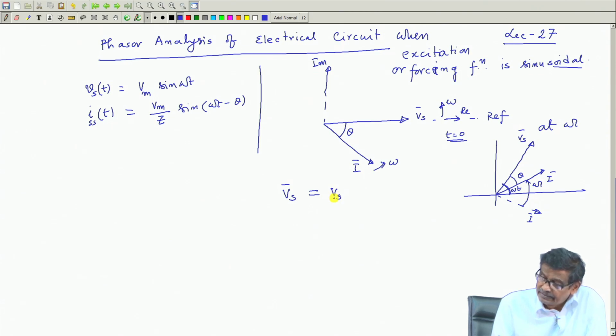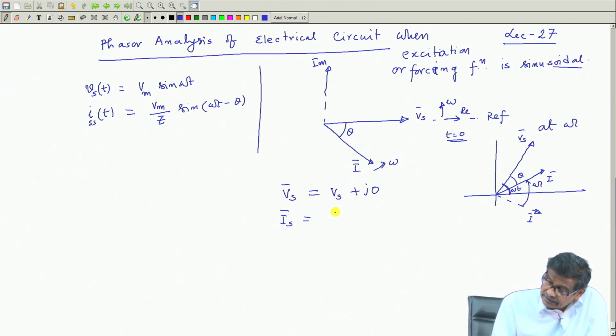So, Vs plus j 0, is it not? You could also write Vs bar with theta plus omega t, whatever you do, but in this way I will just write Vs bar, and there is no imaginary component present in Vs bar.